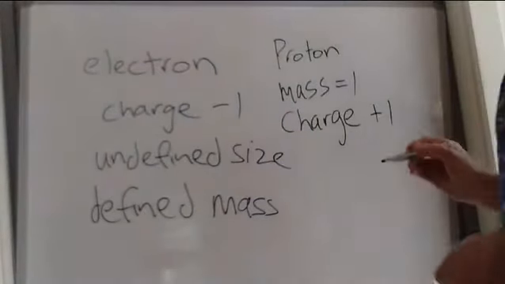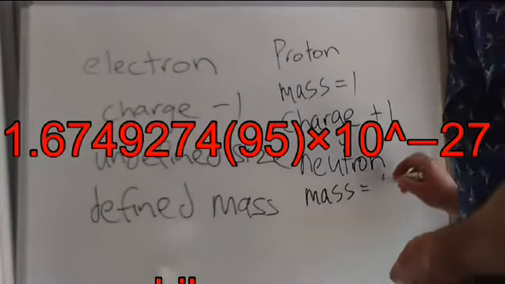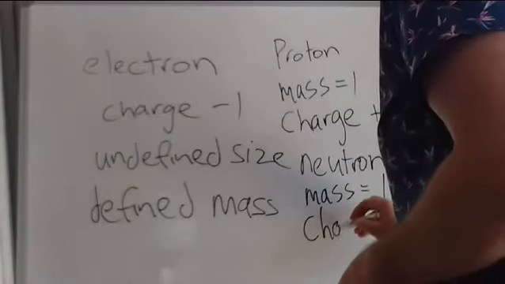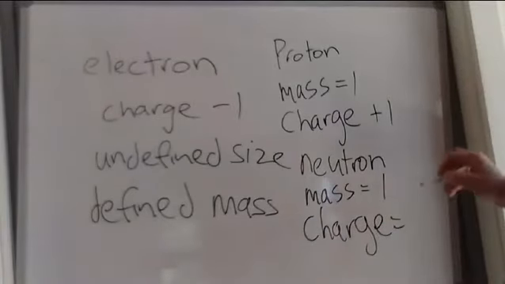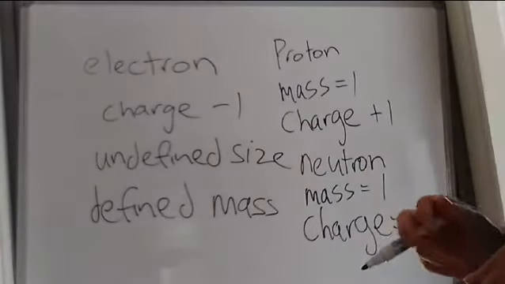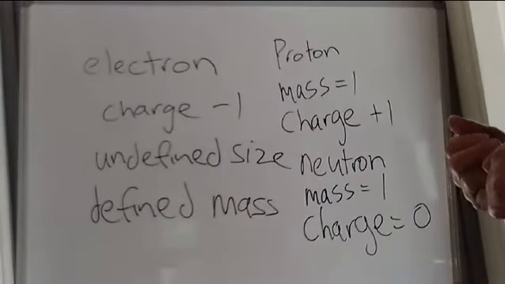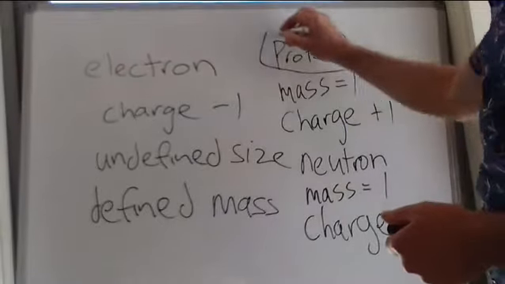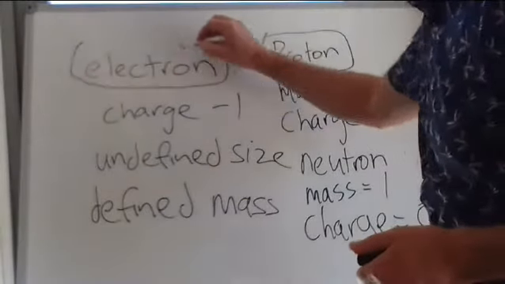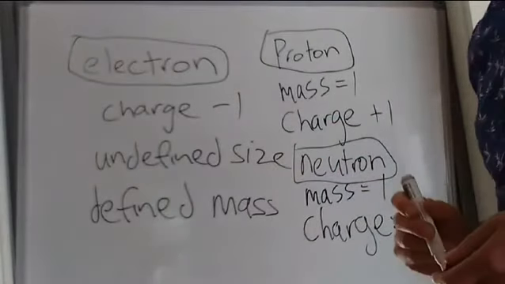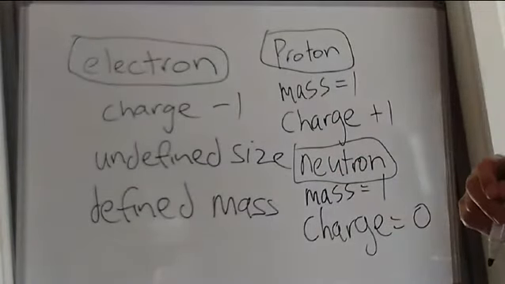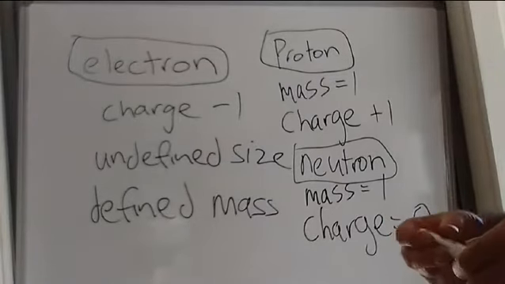The neutron, the mass of 1 and a charge equaling 0. Okay, so they are the 3 basic building blocks of biology based on the standard model of physics.